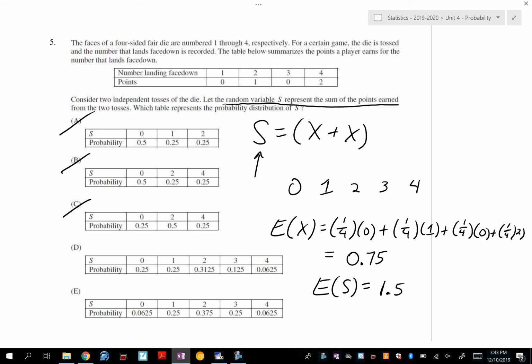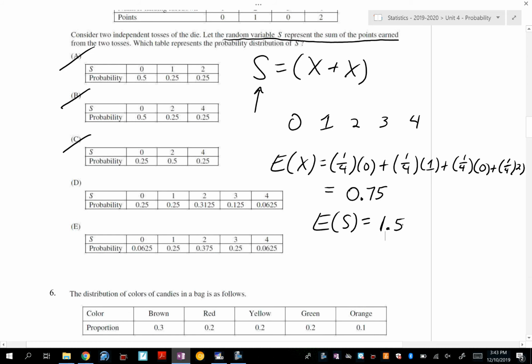Okay, you still with me? So now I thought, okay, well, ready? If it needs to be this number, and if I multiply all of these and then add them, and I get 1.5, I know that's the answer. No, that wouldn't. So, no, I use my calculator to find the expected value for S for each of these, and only one of them gave me this number, which is what I'm expecting.